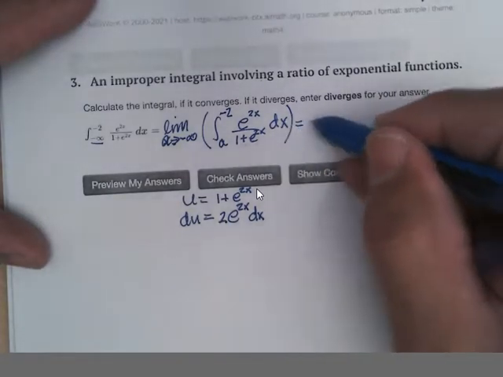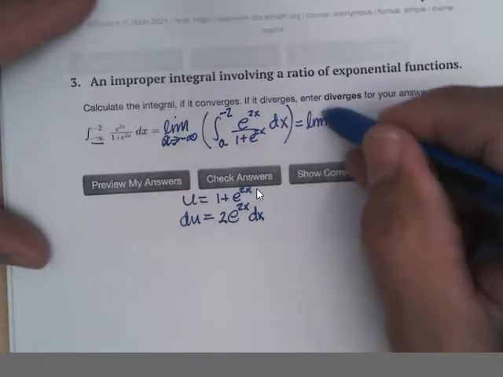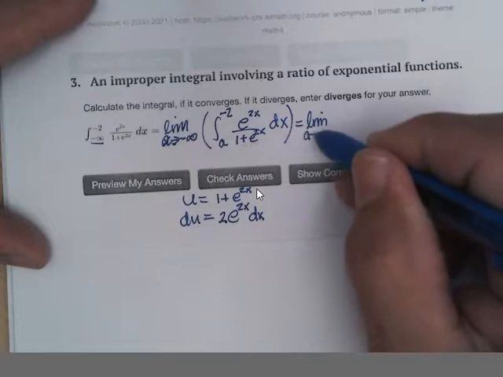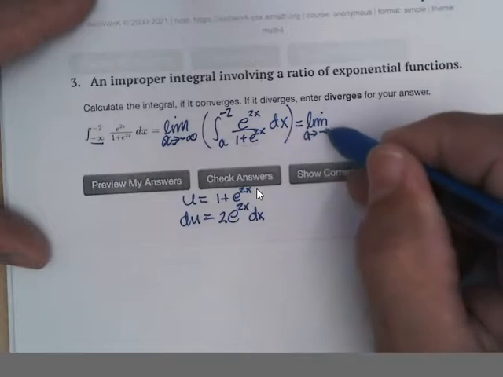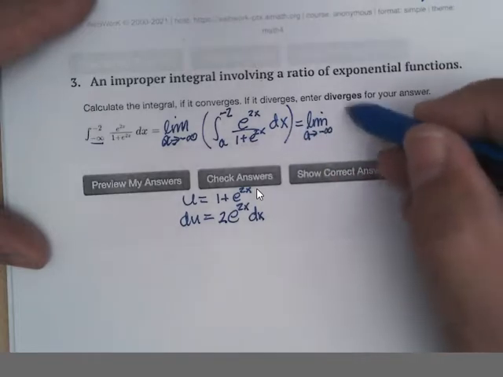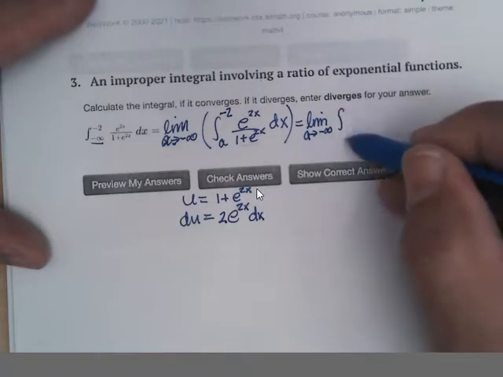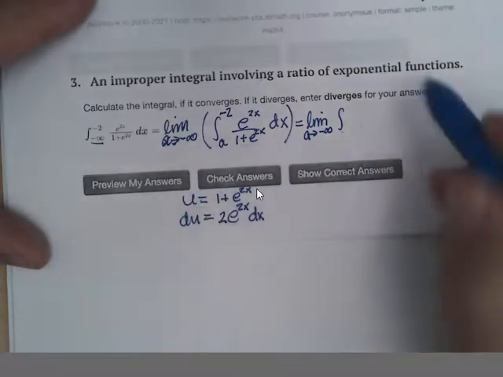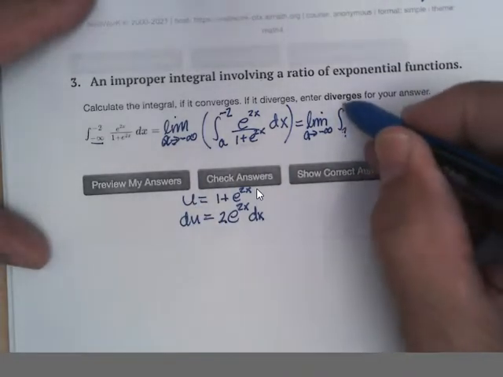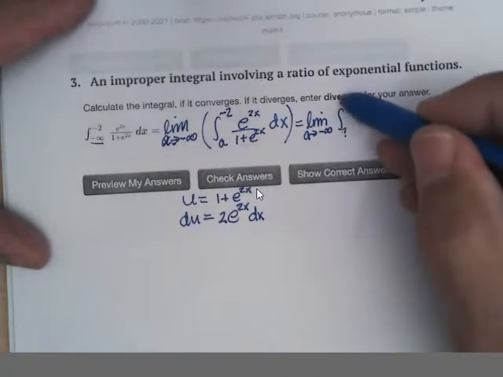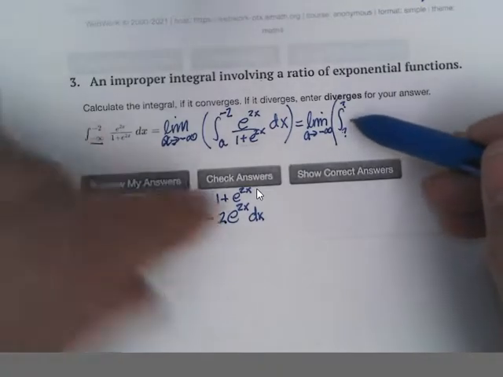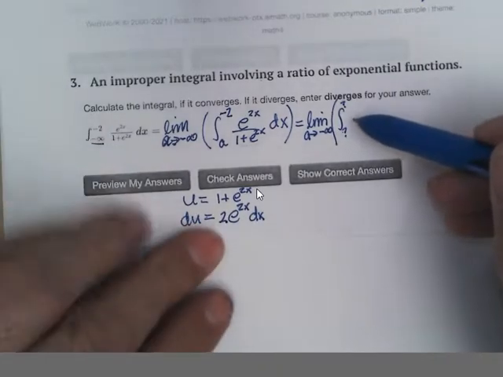So I'm going to get the limit as a approaches negative infinity of the integral. We're going to have new limits here because I've got a u, so I'm just going to put question mark to question mark. And before I actually do the integration, I'm going to switch back to x's.